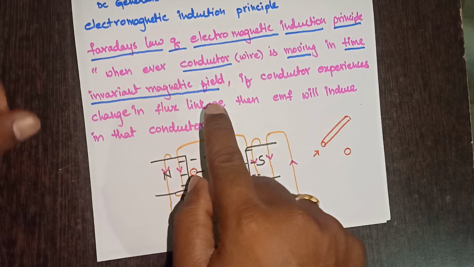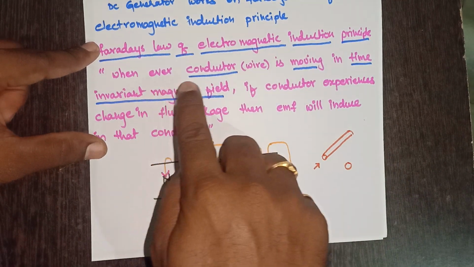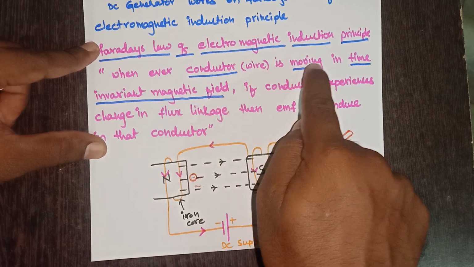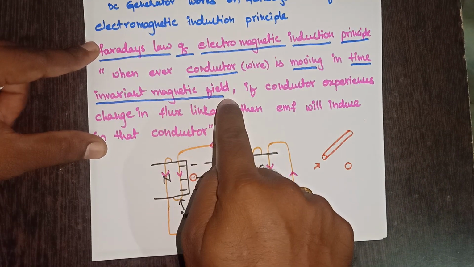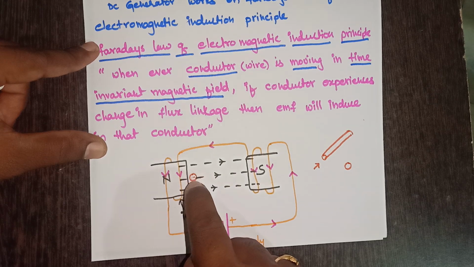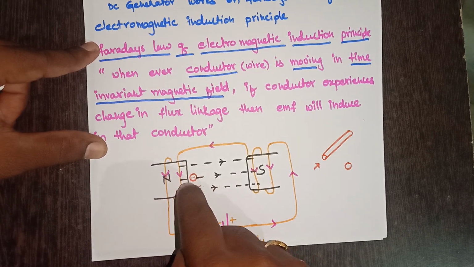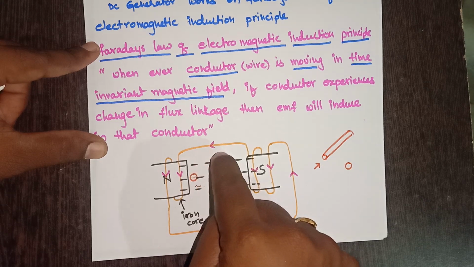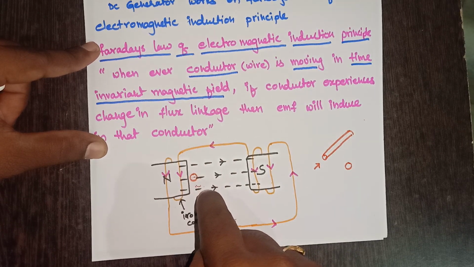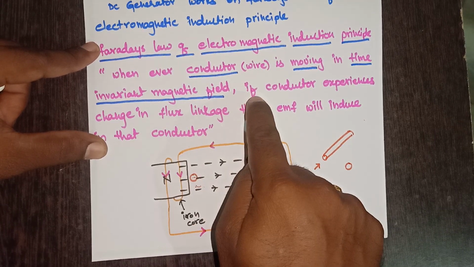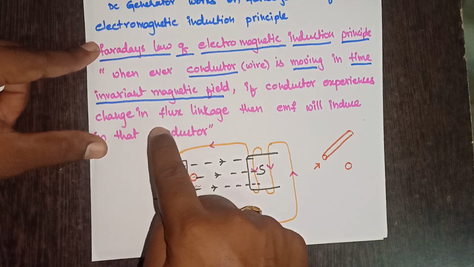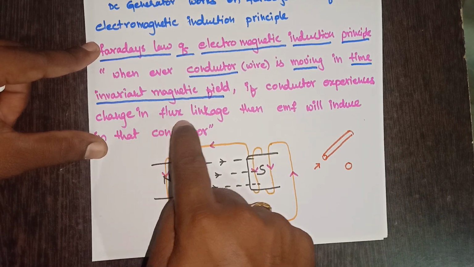All of you observe this statement carefully. Whenever a conductor, that is a wire, is moving in a time invariant magnetic field, see, this is the conductor, moving from one place to another, if the conductor experiences a change in flux linkage.